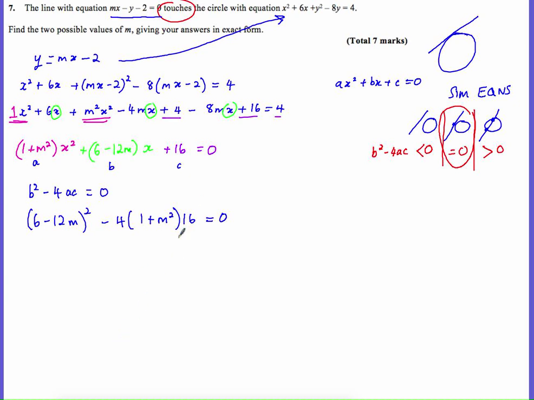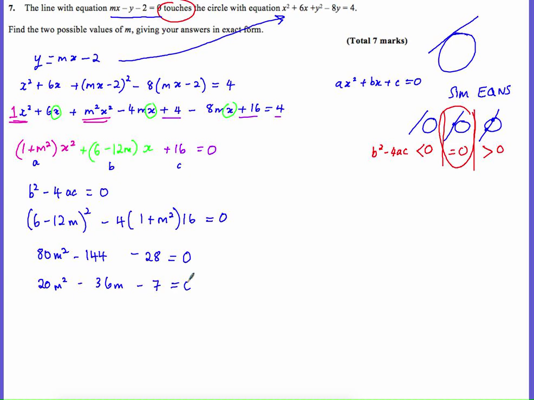Expand all of this, make it equal to 0, take your time over it carefully, and you get 80m squared minus 144m minus 28 equals 0. There are numerous ways you can solve that. You might want to simplify it a little bit more first, or you can just stick it in your calculator.